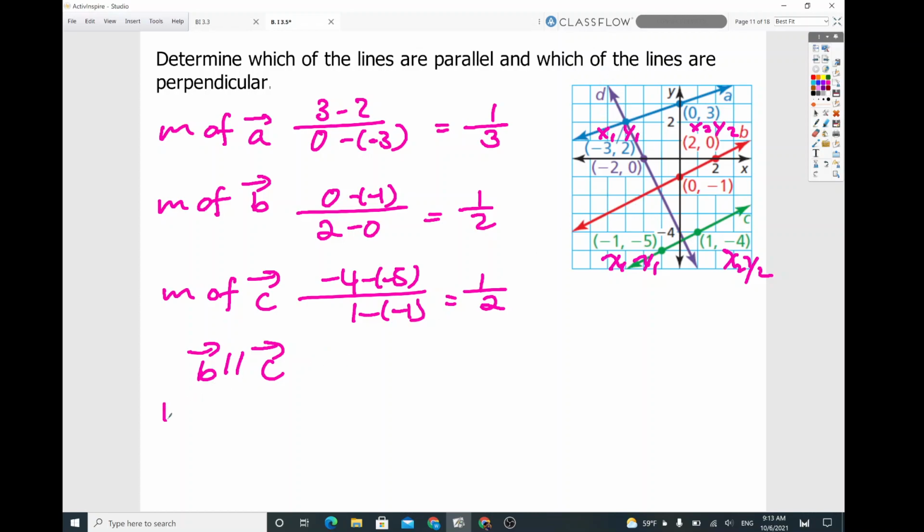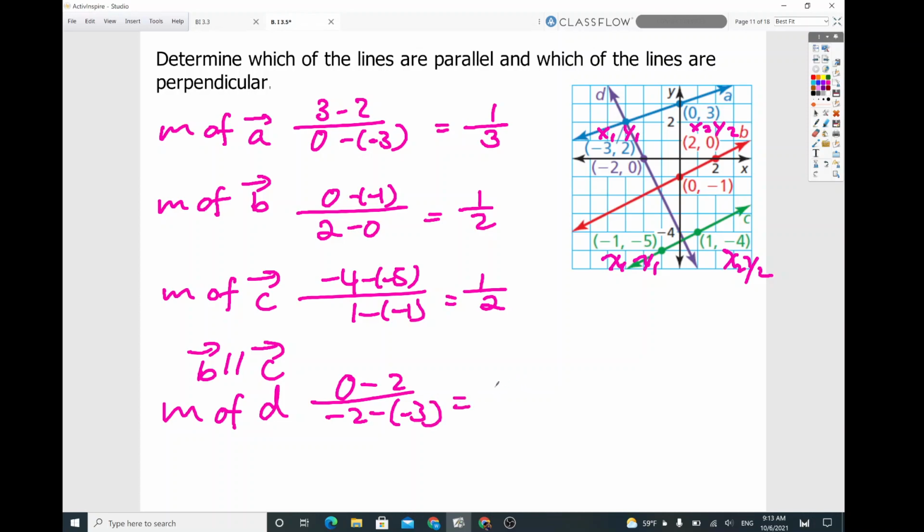Don't forget about the slope of line D. We haven't found the slope yet. We do have the points negative 3 comma 2 and negative 2 comma 0, which are collinear. So subtract, 0 minus 2, and then x2, negative 2 minus x1, so negative 2 minus negative 3.